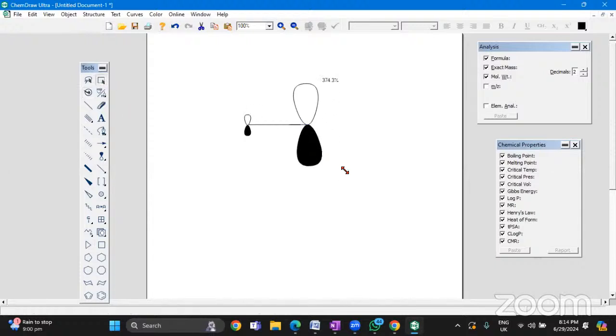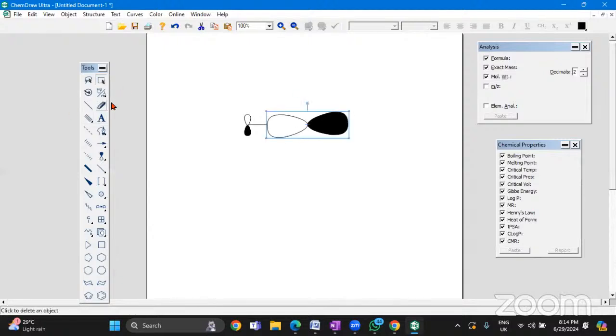Suppose it is rotating 180 degrees like this, it is the sidewise viewing actually.